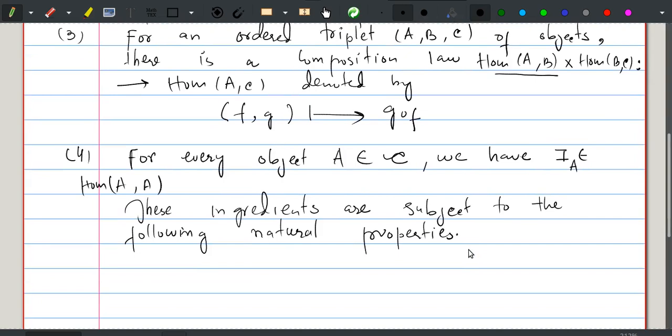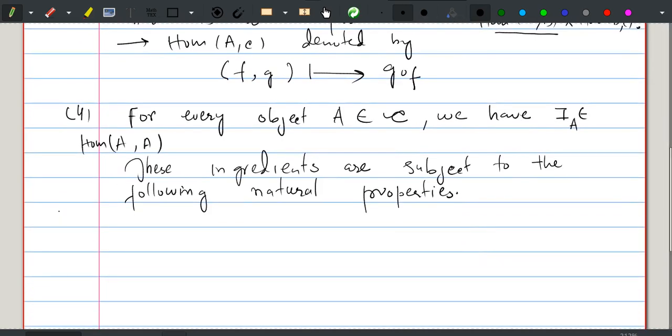So the first natural property is the associativity axiom.